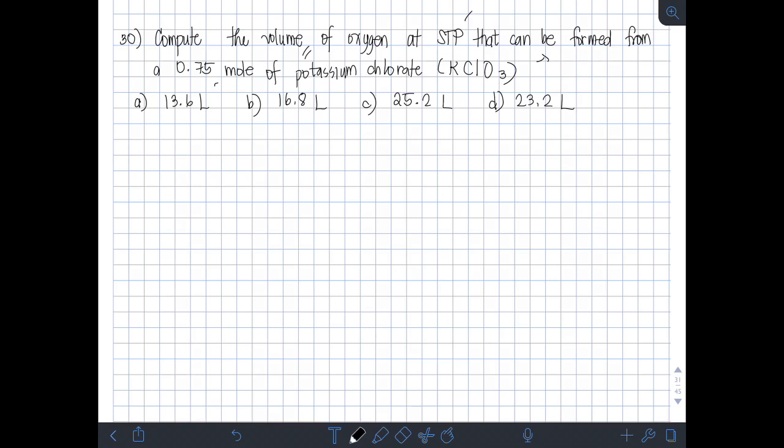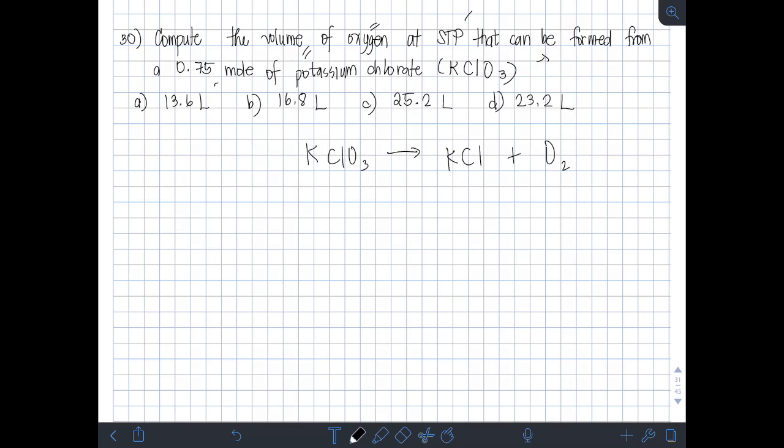So, buuin natin muna yung magiging chemical reaction or yung chemical equation. So, para makabuo tayo ng oxygen, dapat madidecompose yung potassium chlorate into potassium chloride plus oxygen. Kasi tinatanong yung volume ng oxygen. Okay? Ngayon, ibabalance natin tong equation. So, dapat pareho yung number ng atoms ng bawat element sa kaliwa at kanan.